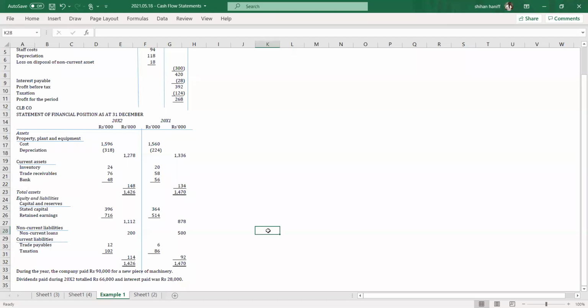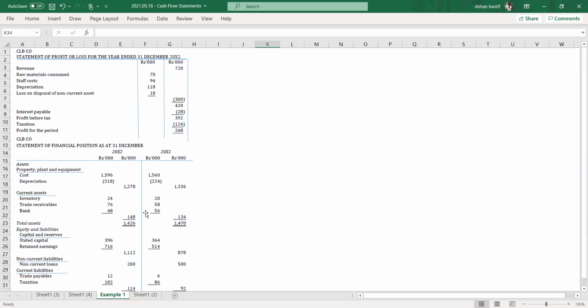Right, so these are the values, and finally they are given during the year. The company paid 90,000 for new piece of machinery. Dividend paid during 2002 total to 66,000, and interest paid was 28,000. So this is how you get the question.